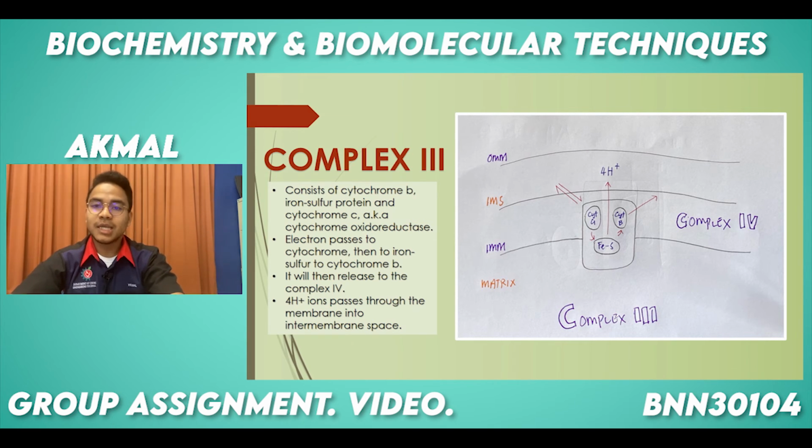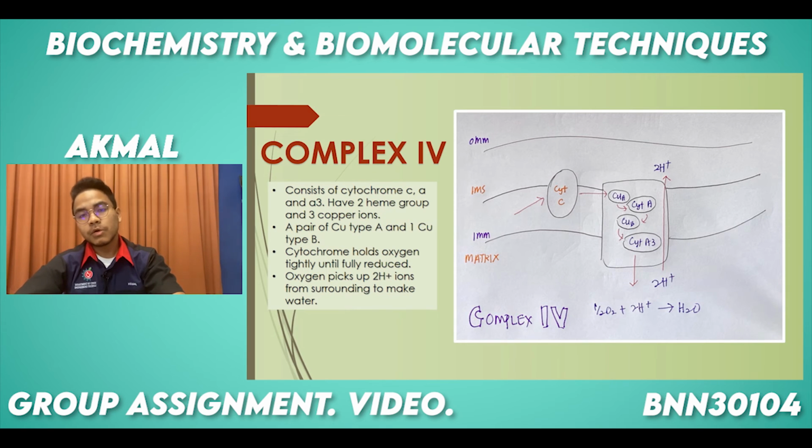This causes the iron ion to reduce and oxidize as it passes electrons to cytochrome B. The electron received from cytochrome B will then be transferred to cytochrome C to be transported to the fourth complex. Please take note that in the third complex, 4 hydrogen ions are pumped to the intermembrane space.